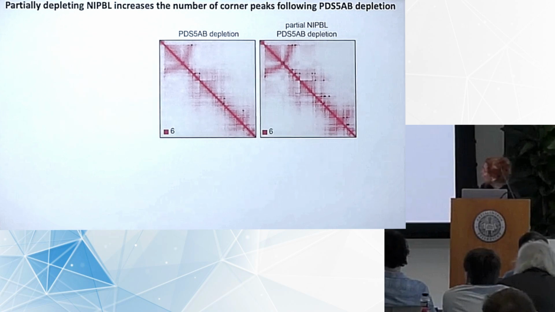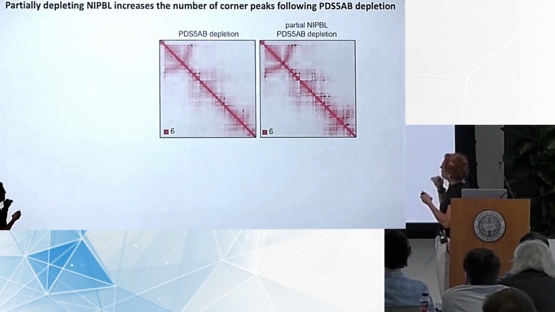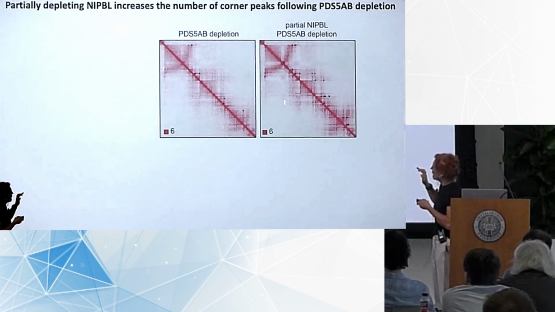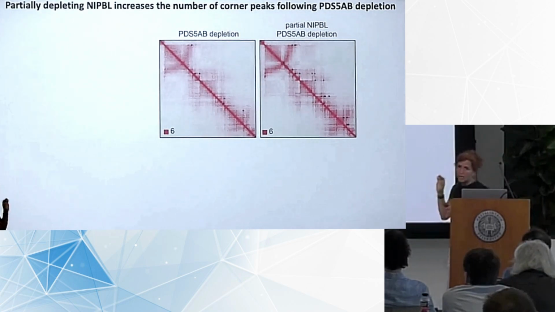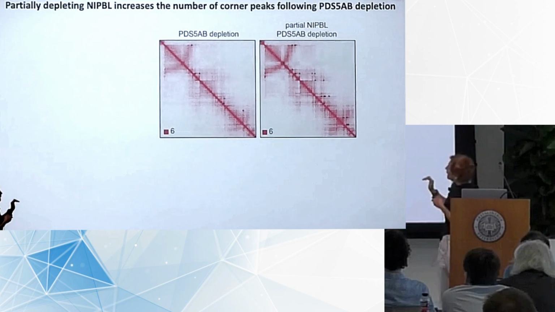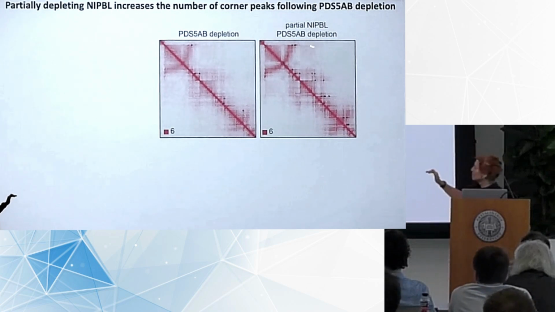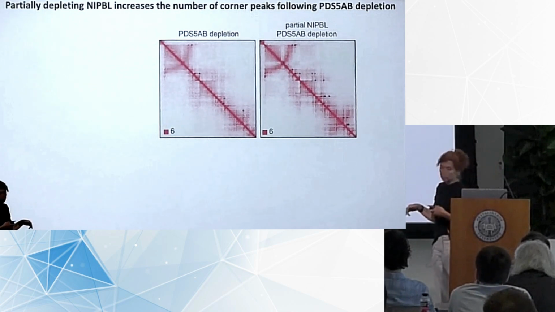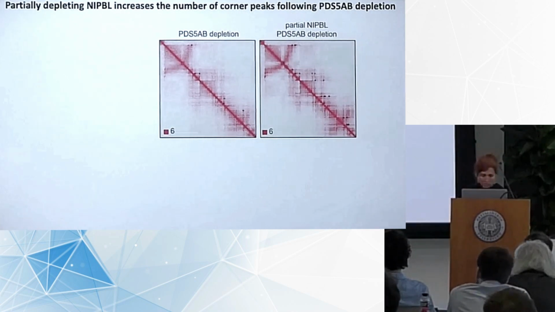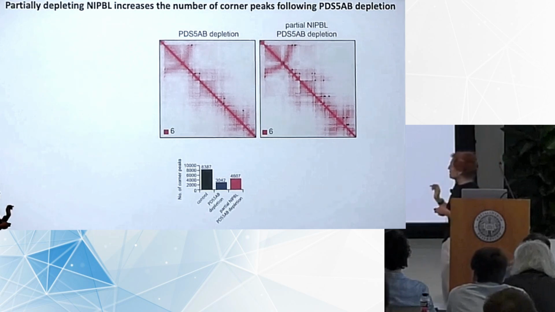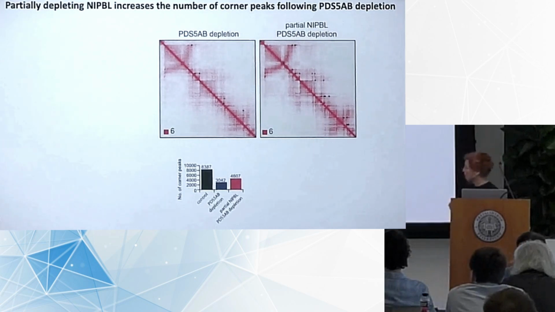What you can see is that the corner peaks become stronger if we partially deplete NIPBL. Moreover, all the structures that are very fuzzy upon PDS5AB depletion become stronger in this situation, and the number of peaks goes up.